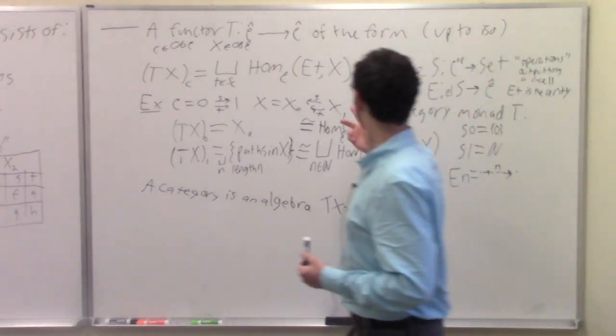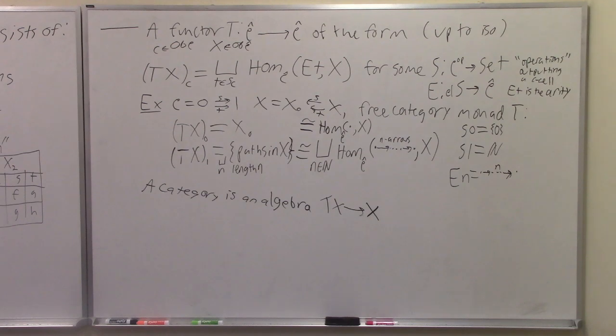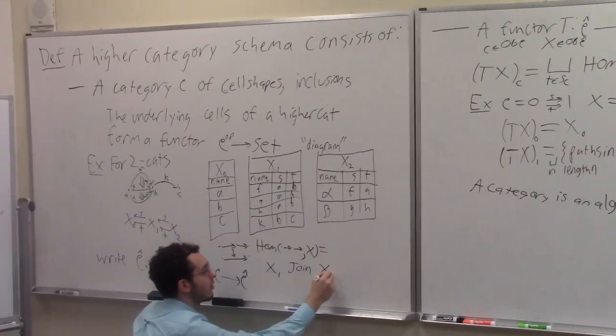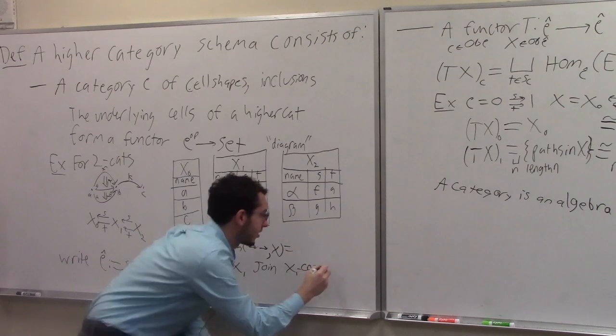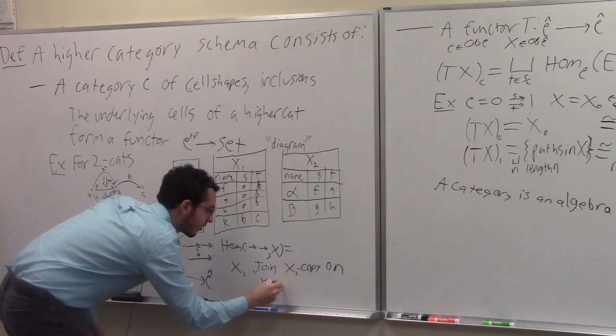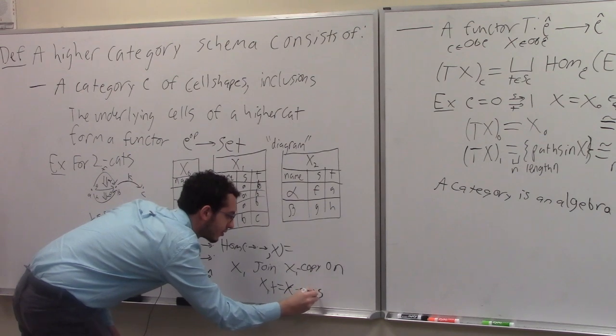And for one of these operations, if we take the operation that sends this diagram to a single arrow, we can write it in database language, and forgive me if I butcher SQL, as x1 joined with a copy of x1 on the condition that the target of the first arrow equals the source of the second arrow.